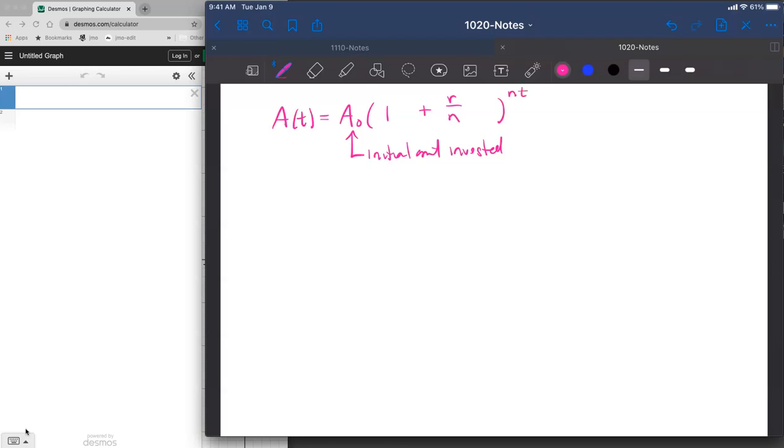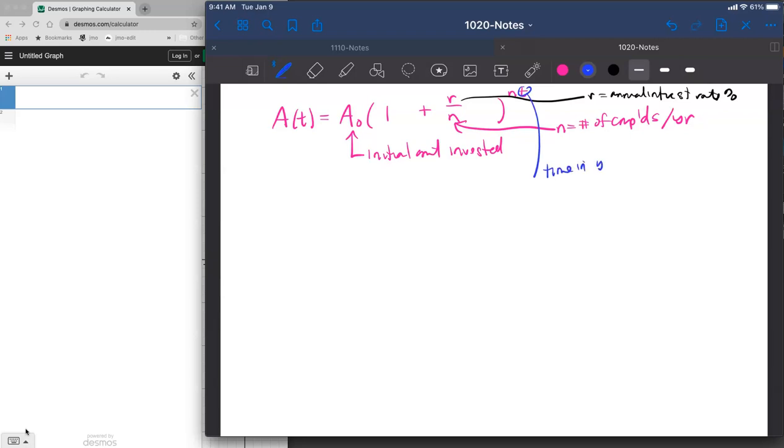This is the compound interest formula, where n represents the number of compoundings per year, r is the annual interest rate as a decimal, and t represents the variable time in years.